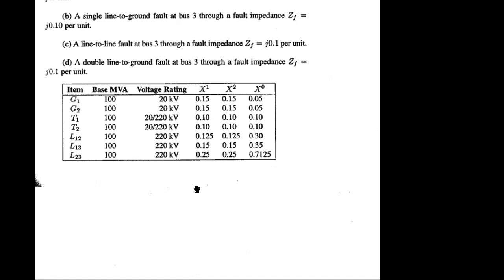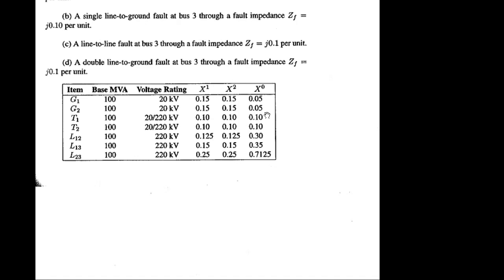If they are the same, you can use the Z1 information as Z2. The third one is Z0. Regarding Z0, you have to be careful. They are different, right? This column is different from the other two. So now you have to do the same Thevenin equivalent resultant for Z0 as well.